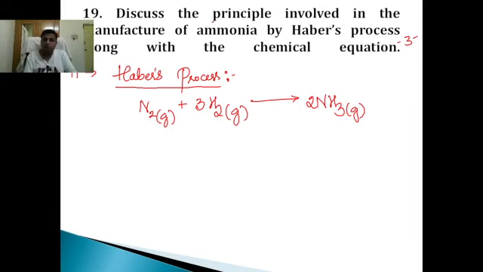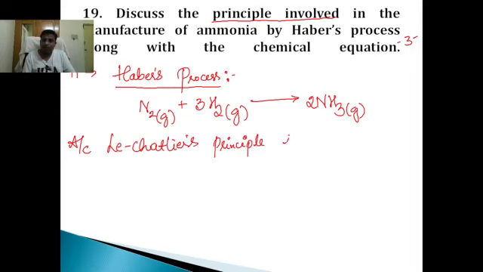Now, which is the principle involved for the manufacture of ammonia by Haber's process? We know it is Le Chatelier's principle. According to Le Chatelier's principle, the favorable conditions are 3 conditions.